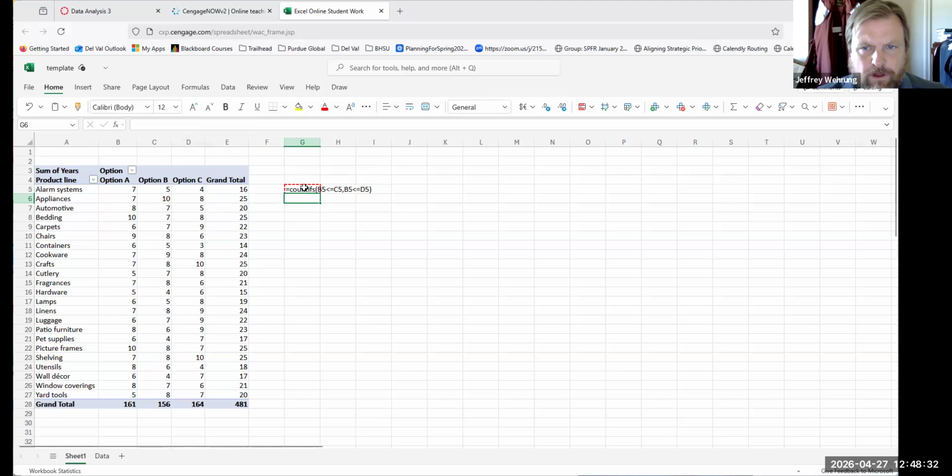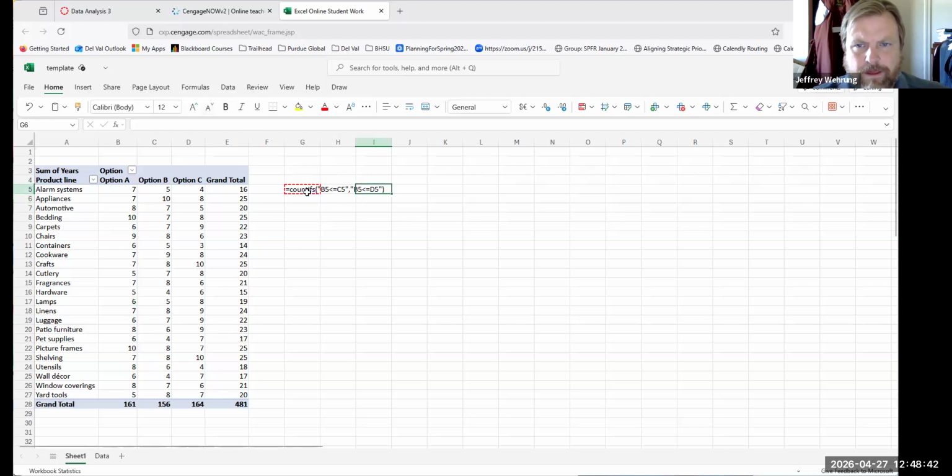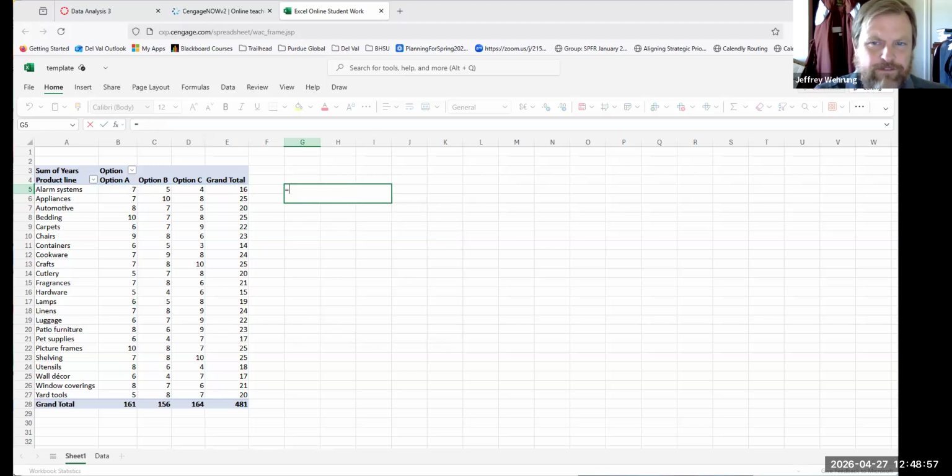No. I think the COUNTIFS actually has to be, and maybe that's not going to work with the COUNTIFS. And I'll do it separately. Equals COUNTIF. You know what? I'm just going to use an IF statement.